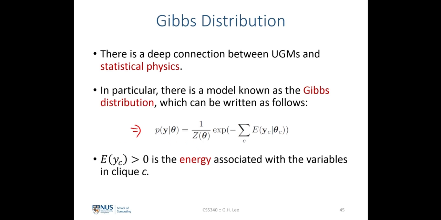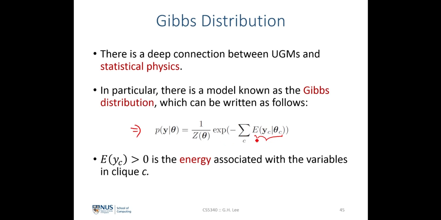So we can see that this expression exactly fits the joint distribution of the factors that we have used earlier on in our undirected graphical model, where the addition over here is this energy term which we use to represent our potential functions.